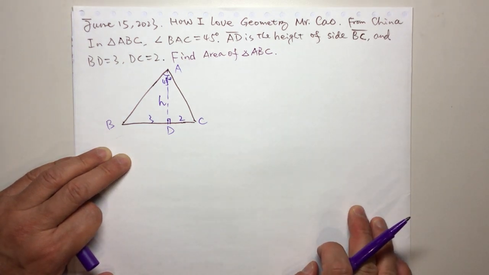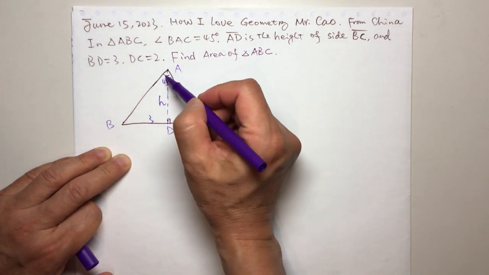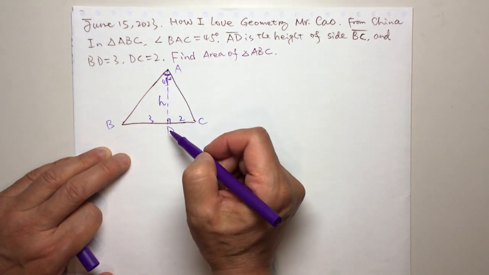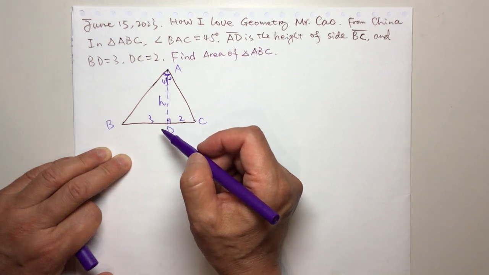The given information is about this 45 degrees, and I have an idea to use the tangent. Why?